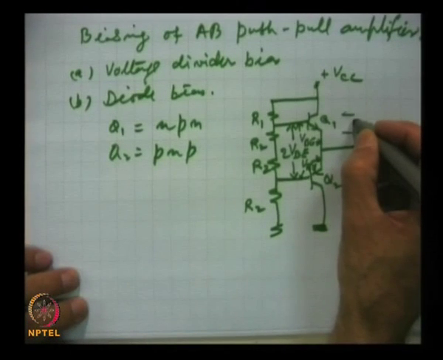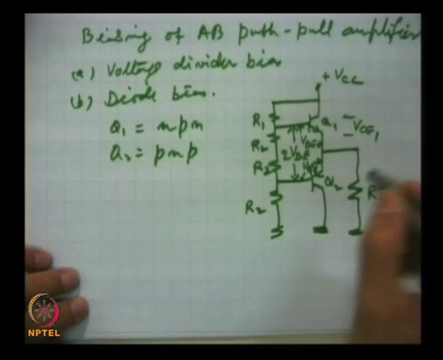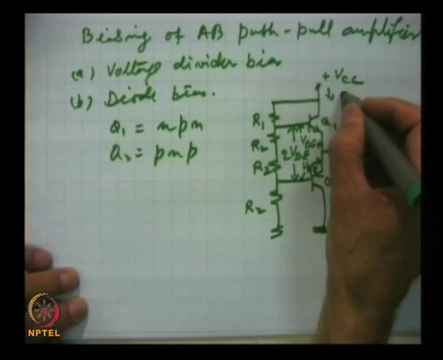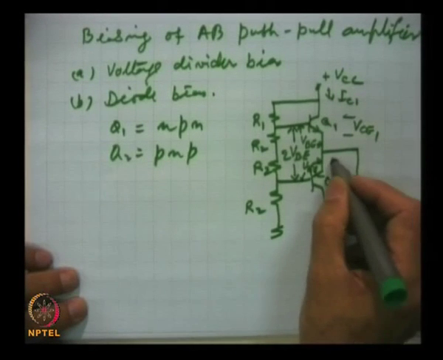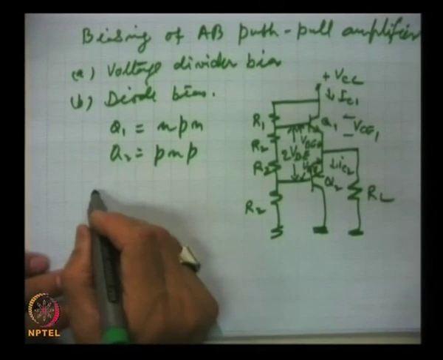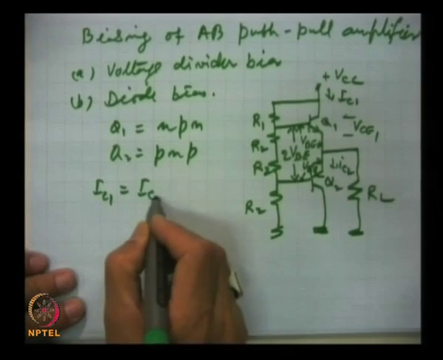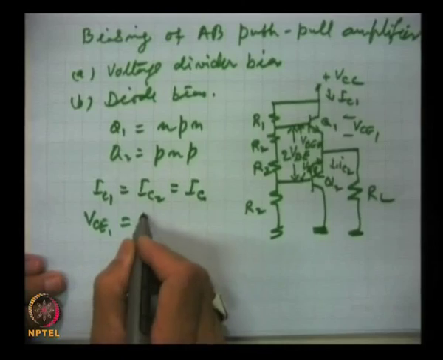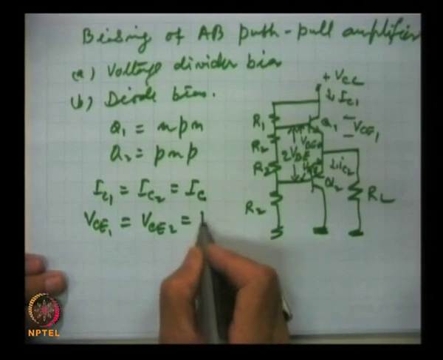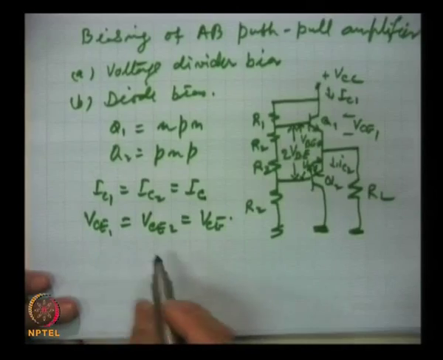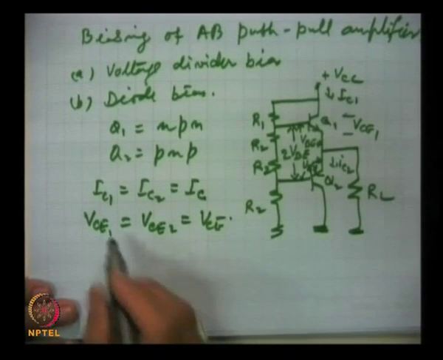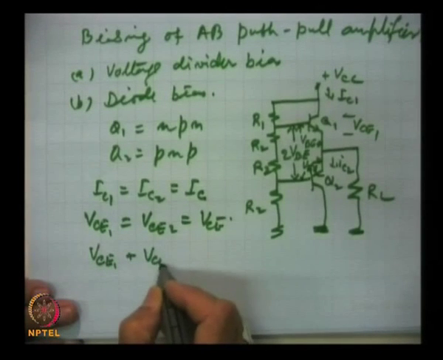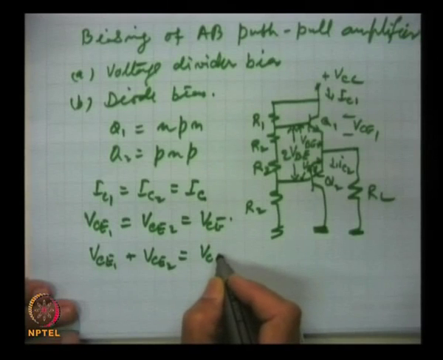This voltage is VCE1, similarly this voltage will be VCE2, this current is IC1 and here it will be IC2, and IC1 is equal to IC2 is equal to IC, and VCE1 is equal to VCE2 which is equal to VCE, and VCE1 plus VCE2 is equal to VCC.